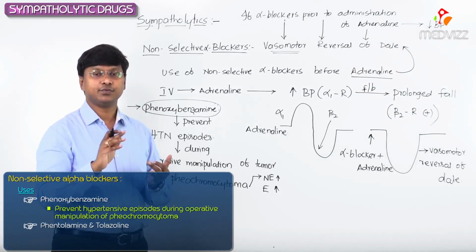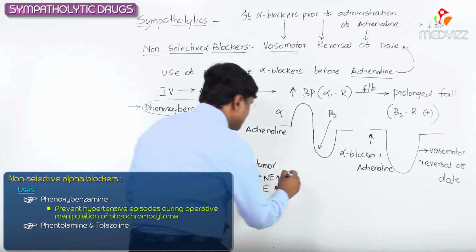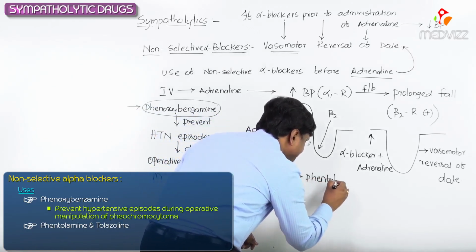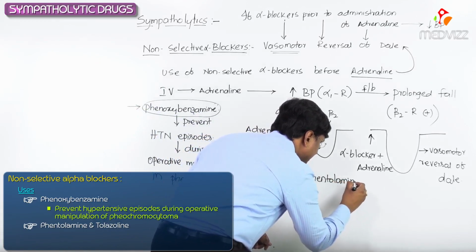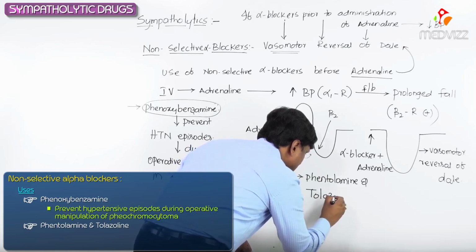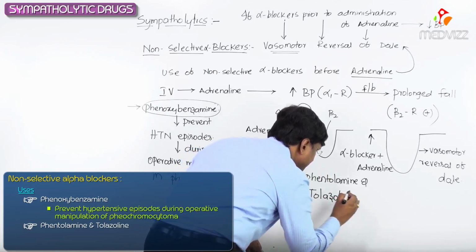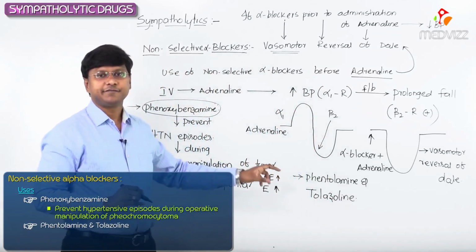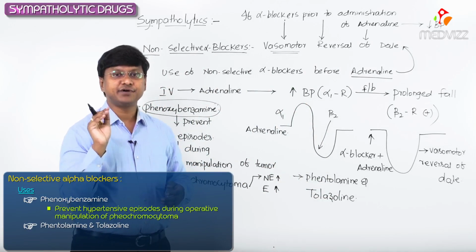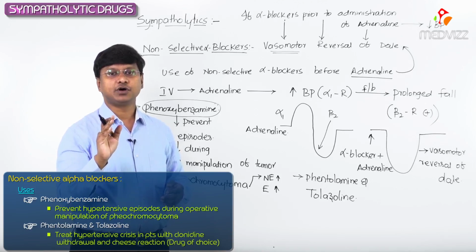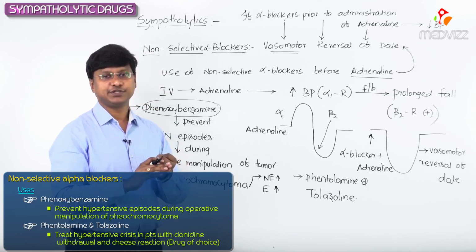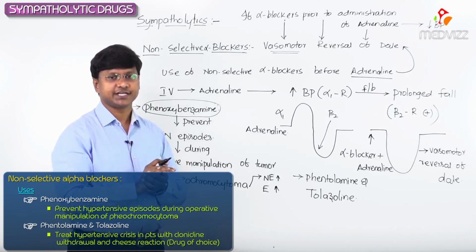Next, we have the reversible non-selective alpha blockers, that is phentolamine as well as tolazoline. Where are they used? Remember, phentolamine and tolazoline are the preferred agents for the treatment of hypertensive crisis in clonidine withdrawal as well as in Cheese reaction.